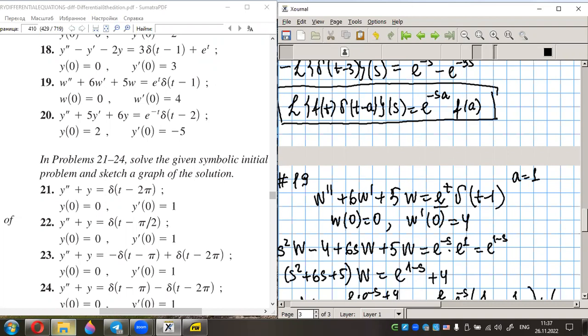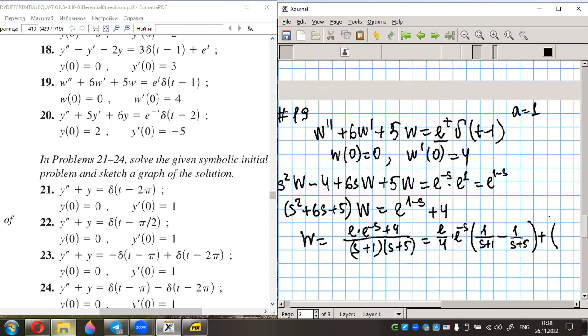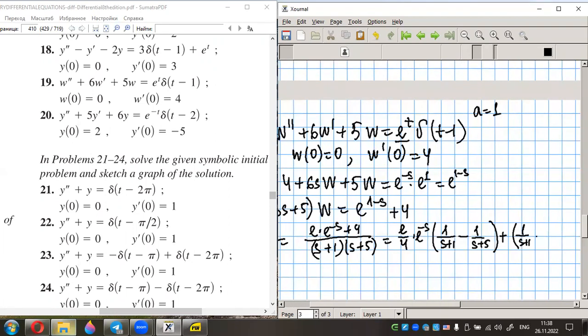So we have e to the minus s, and instead of delta, we write e to the t. Okay, I got it. And here I must write 1 over s plus 1 minus 1 over s plus 5. Is it clear?